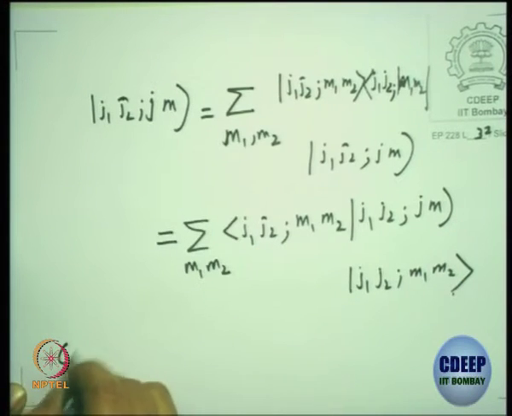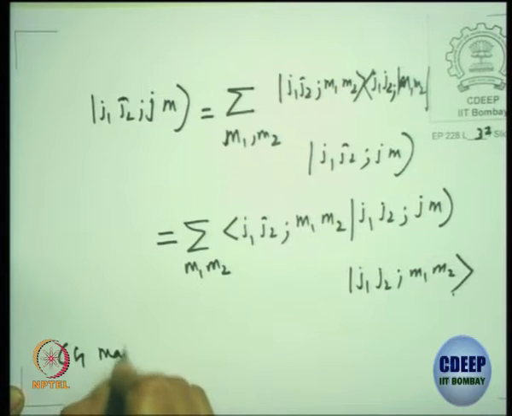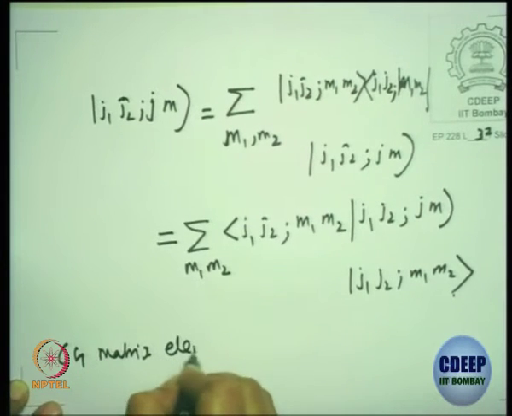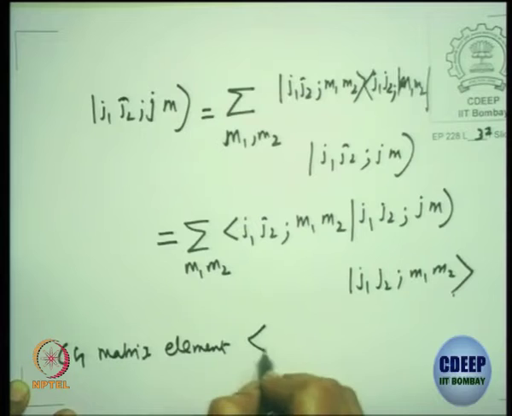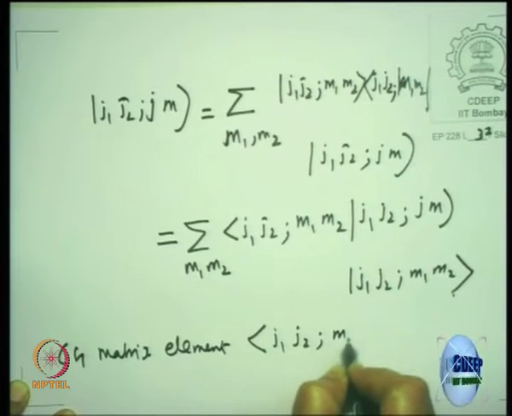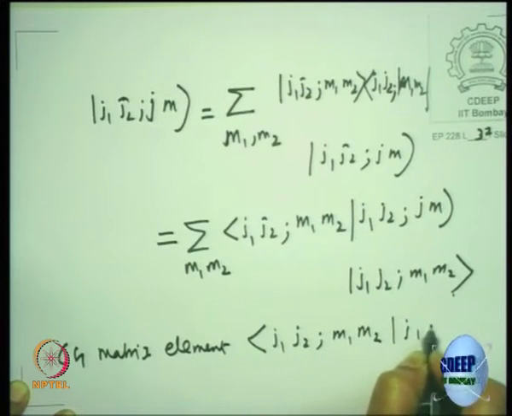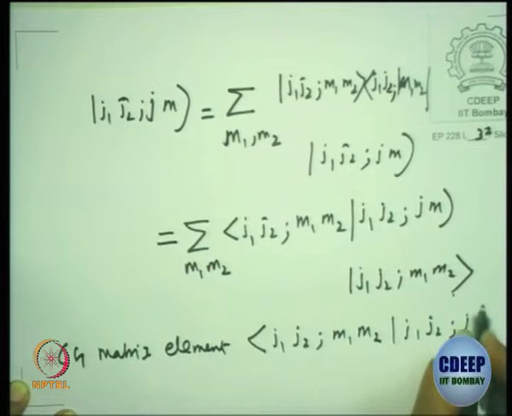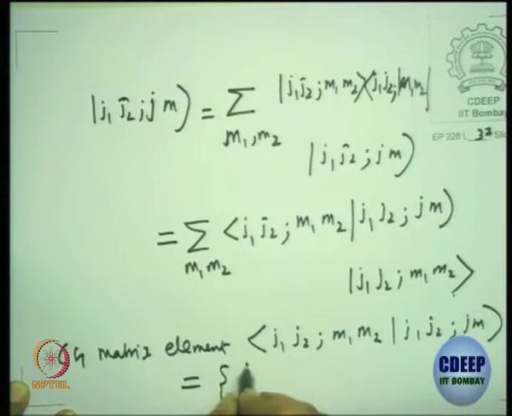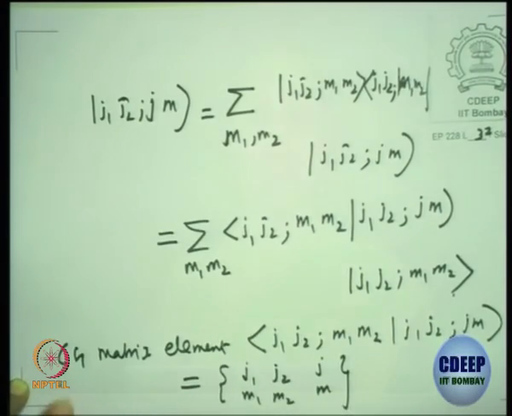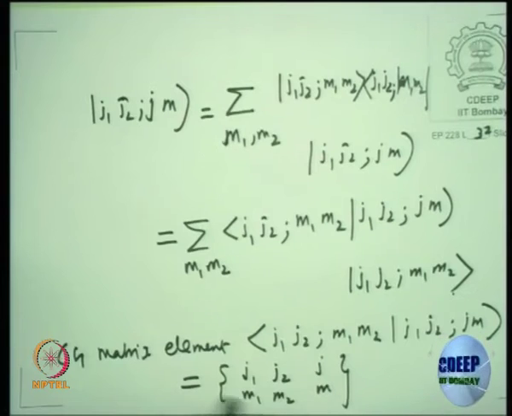So we write CG matrix element either this way or some books write it as J1, M1, J2, M2, J, M. So our aim is to evaluate the elements of the CG matrix, and that we will do.